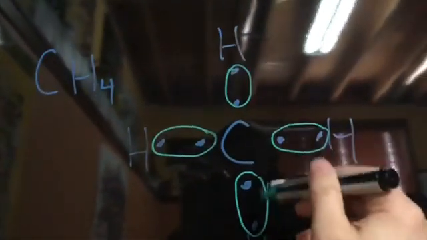So if we just place them around the carbons and give them their valence electron, now carbon can bond with all 4 of these hydrogens. 1, 2, 3, and 4. And now each of the hydrogens is happy because it has 2 electrons now. And the carbon has 1, 2, 3, 4, 5, 6, 7, 8 electrons.